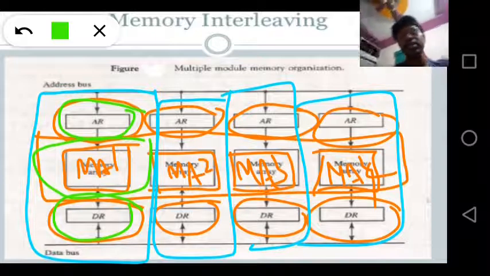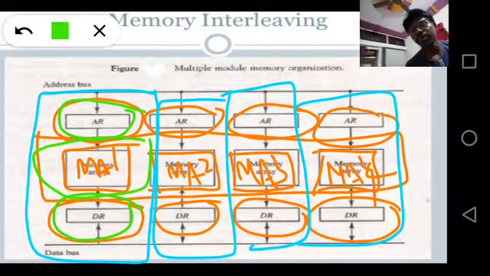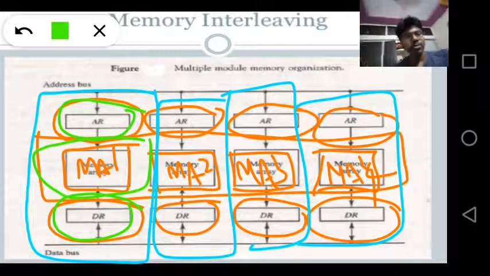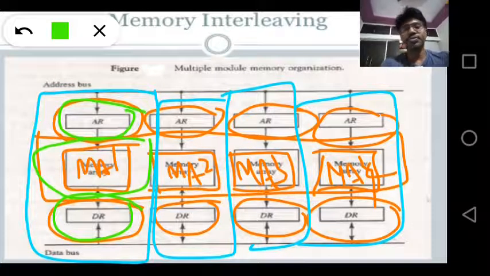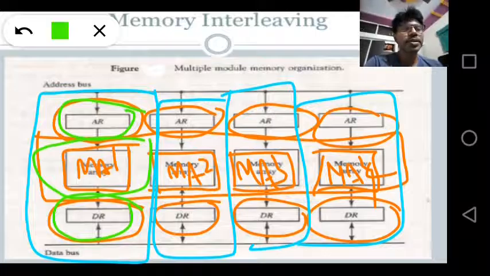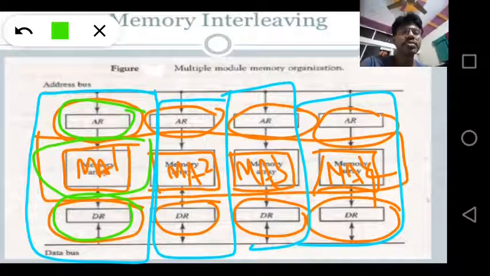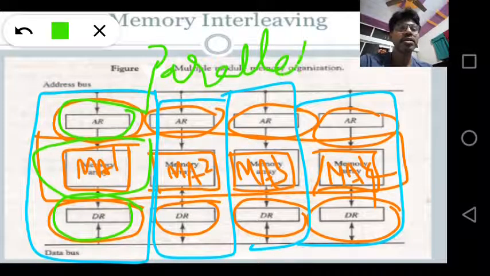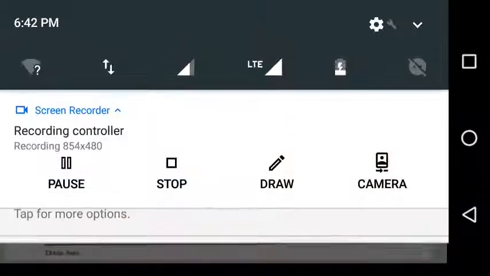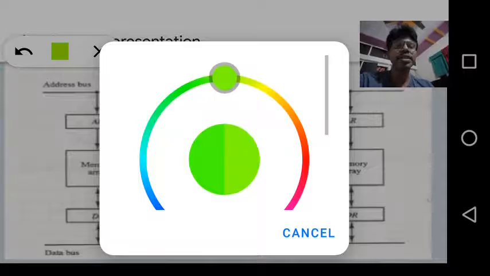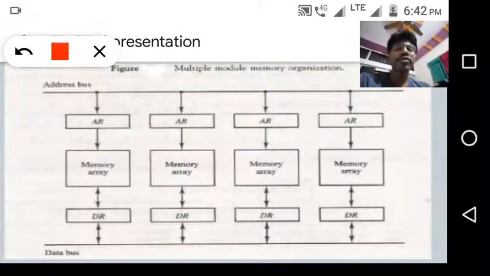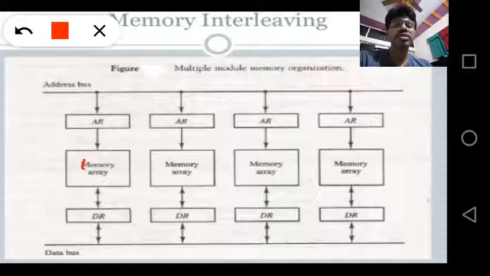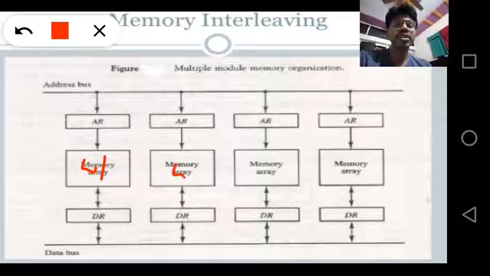Like that, we have n number of memory elements, and all these memory elements can be accessed in parallel.